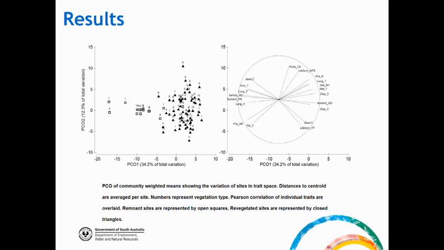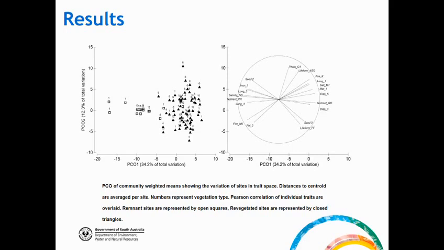And over here you can actually see, in terms of what correlates with those sites, similar things. So over here you can see that the revegetated sites are associated with the traits being killed by fire, short longevity, nutrient good. The similar things are coming up.